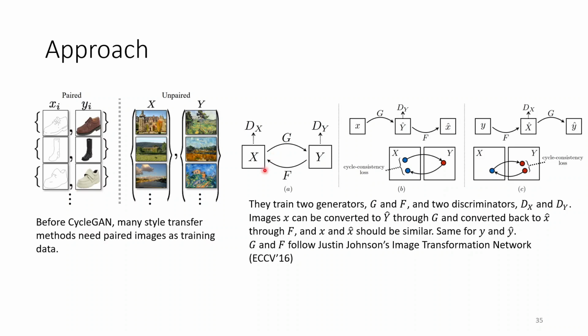Okay, so let's see what the connection is between CycleGAN and Justin Johnson's method. They just use Justin Johnson's network. Justin Johnson used the modified DCGAN, and they use Justin Johnson's architecture as their generators.